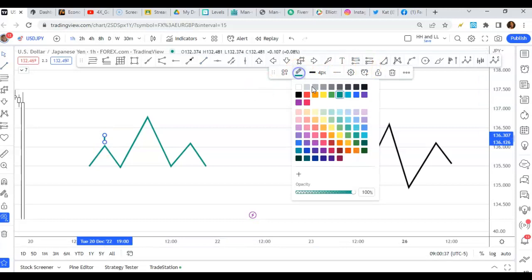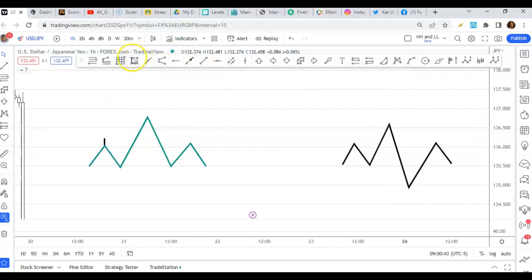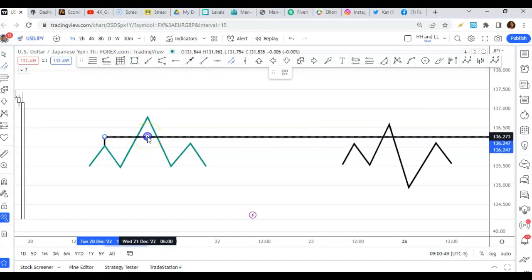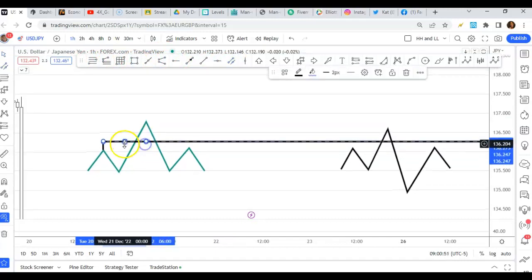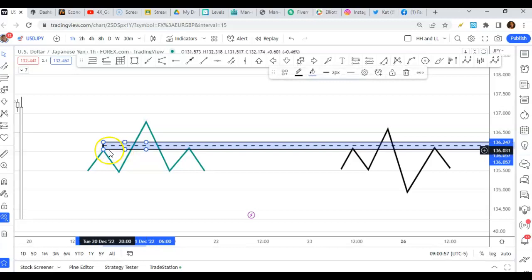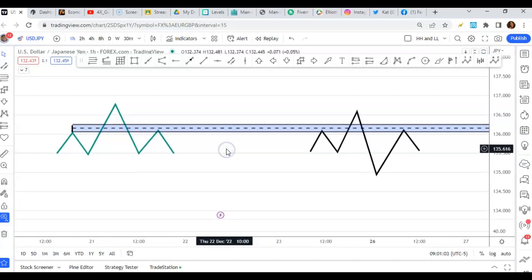Use your parallel channel or box, whatever you use to draw your zones. You take the top of the wick, then hold shift down and drag it till it touches the close of that candle, till it touches the flat top. And that's how you draw your zones.